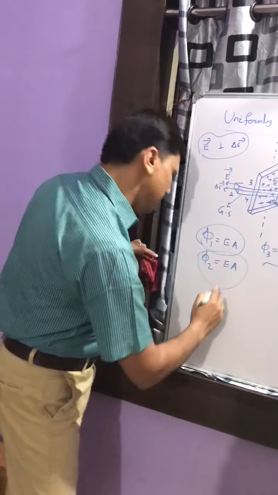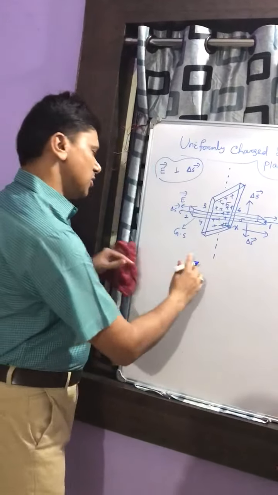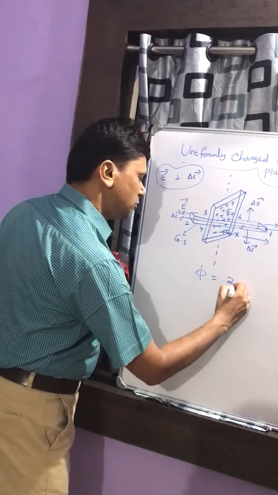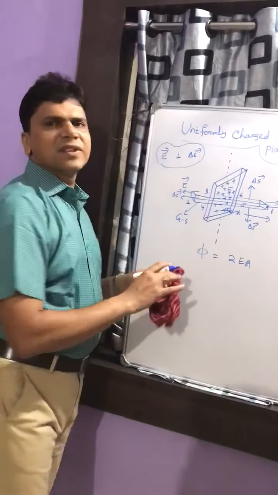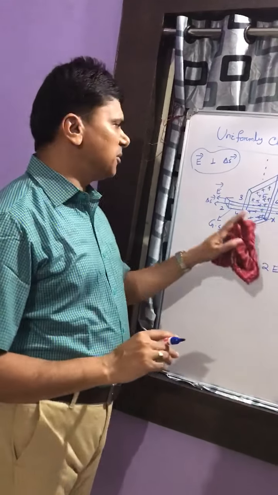So the total flux linked with the Gaussian surface will be 2 into E into A.